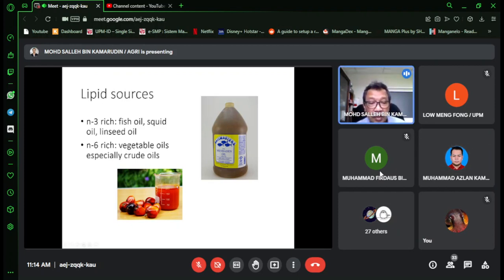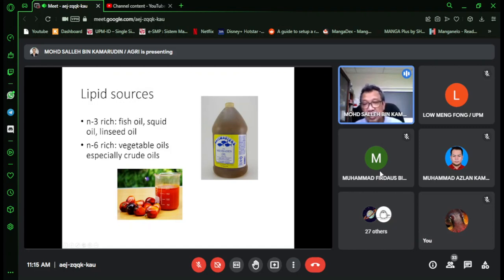Cheaper, yes. Vegetable oil, especially for omega-3, linseed. But you cannot use linseed 100%. So you might combine it with some of the oils that are also rich in omega-3. So you can use linseed and also canola, and crude palm oil also has some.